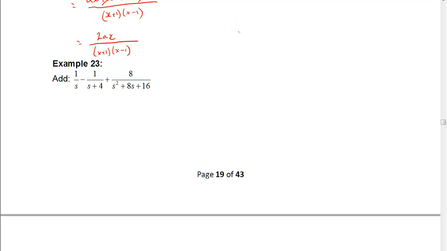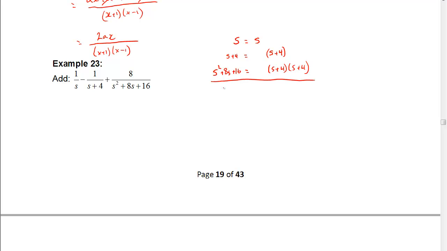We're going to do one more for this video, which is example 23 here. And we're going to do this by first finding the LCD, only we're going to do this one a little differently. We're going to say, okay, we have s, which if we factor just is s. S plus 4, well, that can't be factored anymore either, so that's s plus 4, and we'll put it in brackets. And then finally we have s squared plus 8s plus 16. And if we factor that, we get s plus 4 and s plus 4.